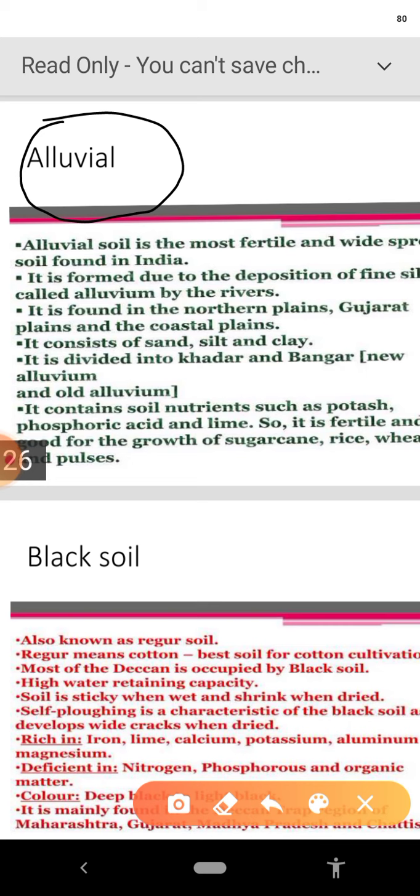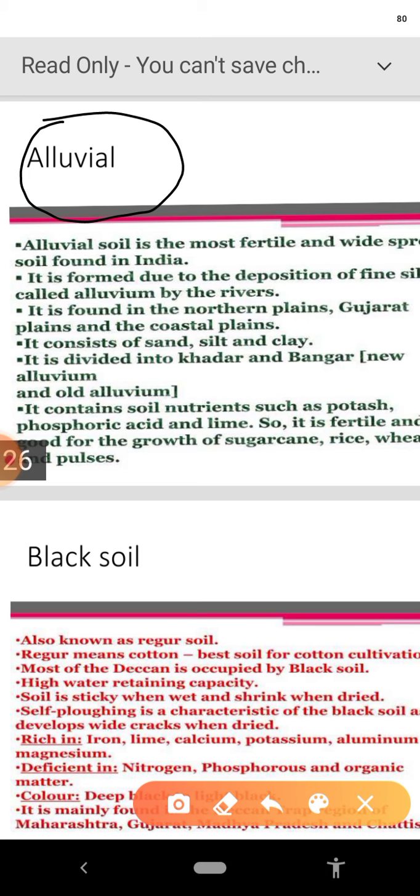Alluvial soils are coarse where the rivers have left the mountains to enter plains, and where there is a sudden change in slope from steep to gentle. Hence it can be seen in Piedmont plains such as Dwars, Kos, and Tarai.